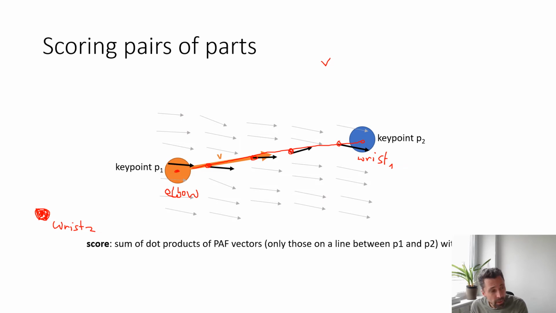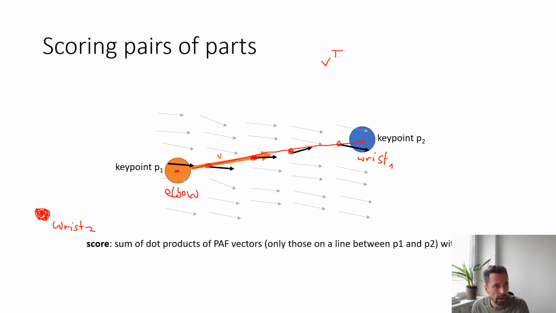So in the part affinity field, those vectors are supposed to point from the elbow to the wrist. So we expect that the vector V points in similar directions to those vectors given in the flow field, in the part affinity field.